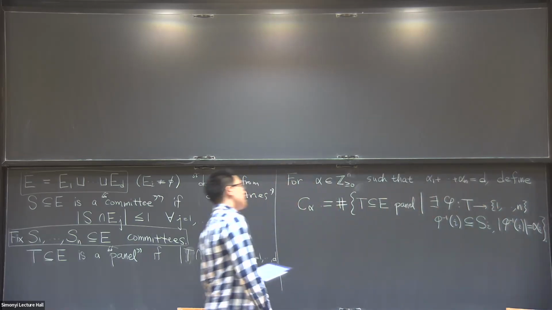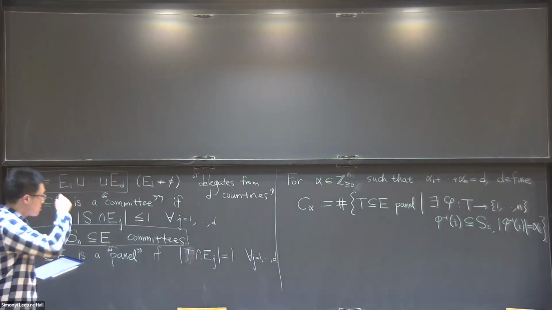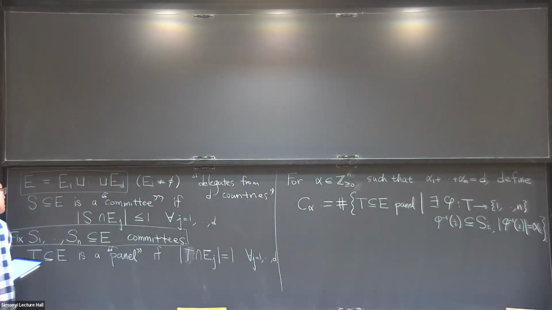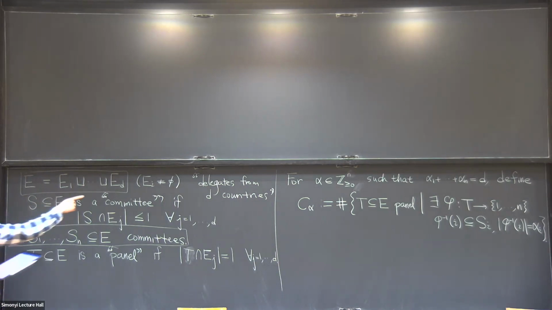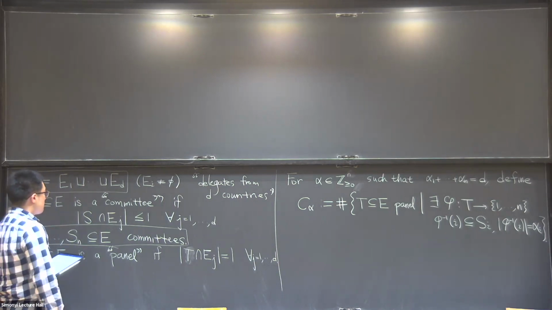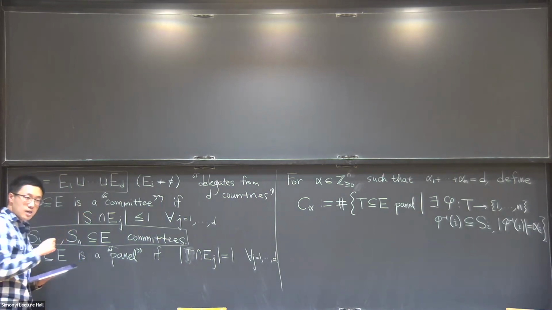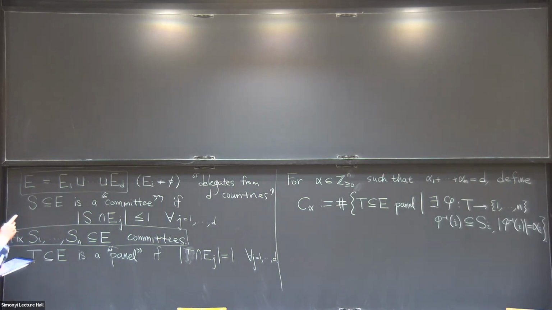Okay. So in English, what is this? I have a bunch of committees where each country is represented at most once. Alpha tells you some non-negative integer for each committee. And so for the first committee, I get to choose alpha one many people from that committee. For the second committee, I get to choose alpha two many from S2, and so forth.